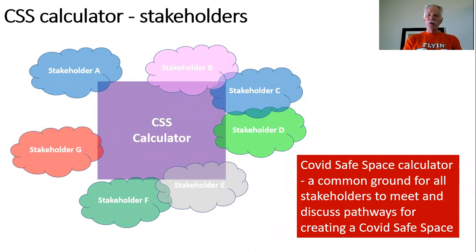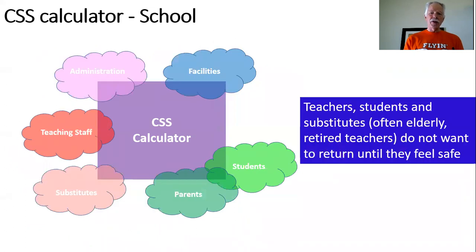So here's how this tool works, just from an overview. It's meant to be in the middle of a bunch of stakeholders, from administrators to customers to teachers to students to facilities people, so that a reasonable, rational discussion can occur over what makes a space safe.